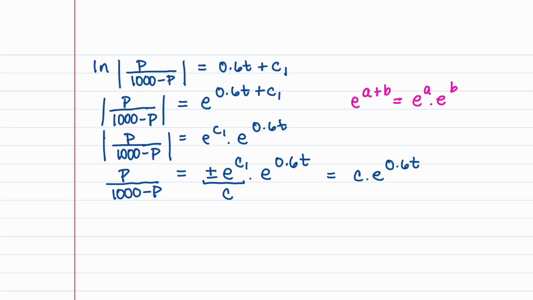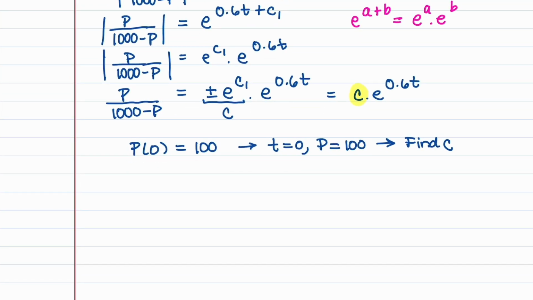We need to solve for P, but before we do that, let's go ahead and find what our constant C is equal to. We were told that our initial population, P at 0, was 100 deer. So let's let t be equal to 0 and P be equal to 100, and we're going to find C. This gives us on the left, 100 all divided by 1,000 minus 100.